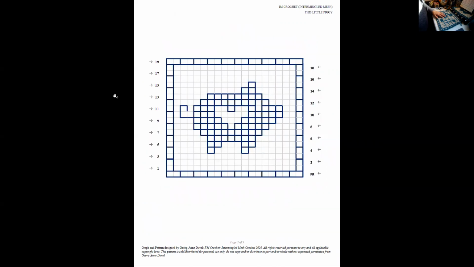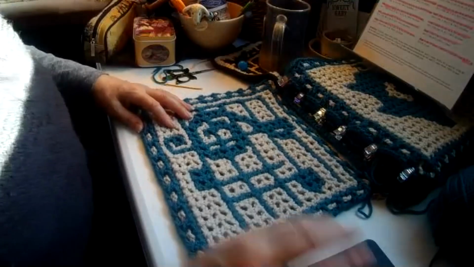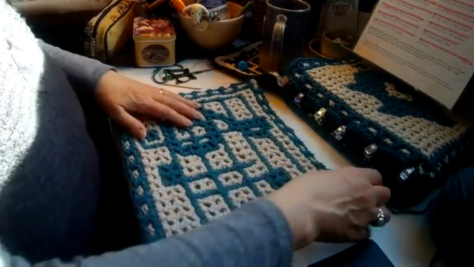The third page is the graph. Now I'm going to stop sharing that, and I'm going to come back to the video here and our block, and we're going to get started.